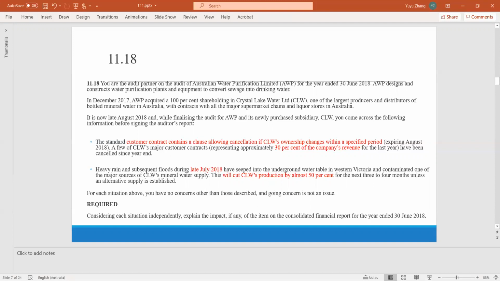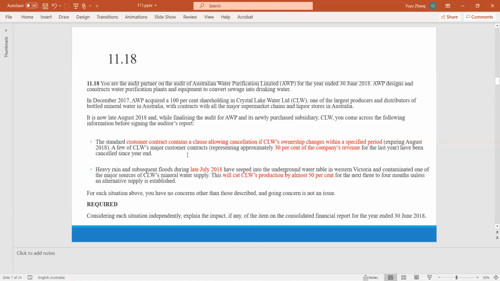It is because the contract has already been there, specifying those contracts will be canceled in certain situations. As long as the clause is there, and they have entered into the new ownership, then those contract cancellations would have happened before the reporting date, right?